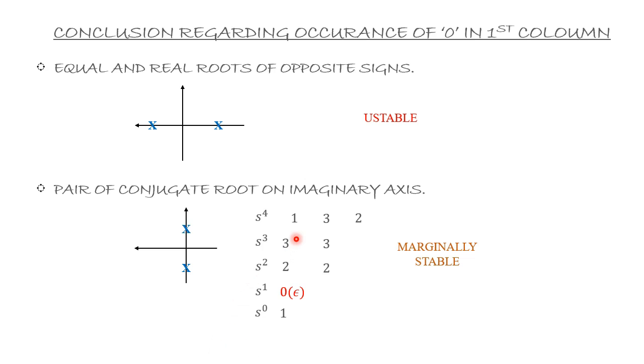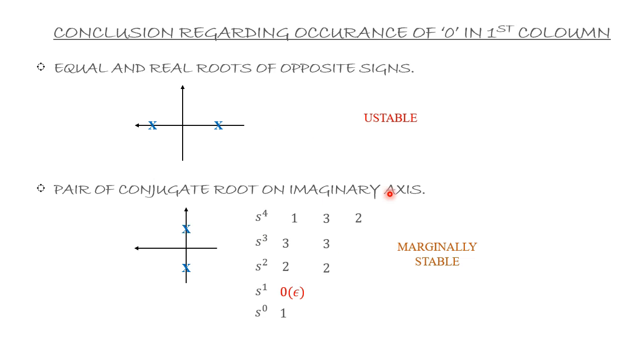Okay. And here I have an example of this, that here you can see that there is no sign change in the first column, but still the system is not stable. It is marginally stable because we have concluded in a slide that if the poles are on this line, and are not repeated, then the system is marginally stable.